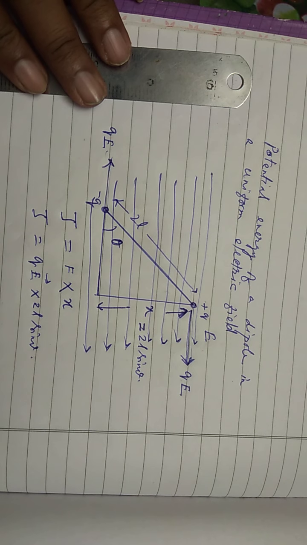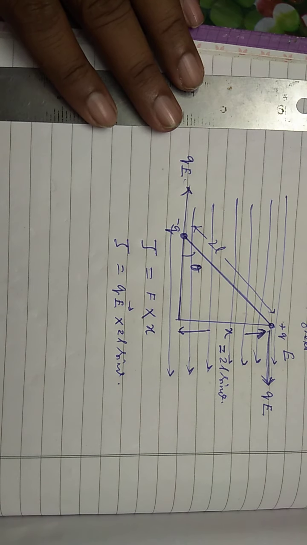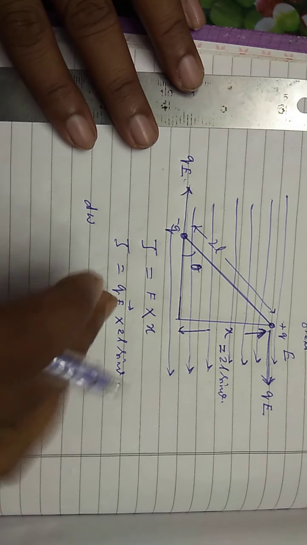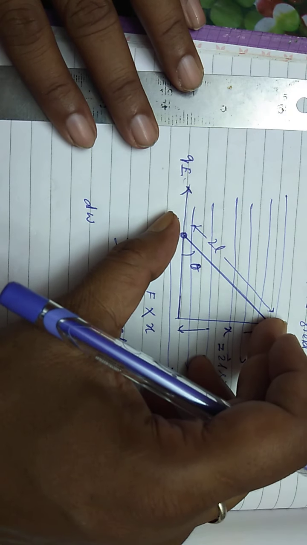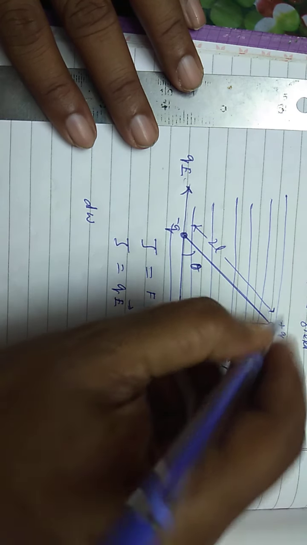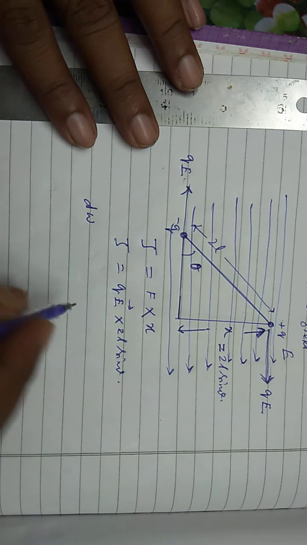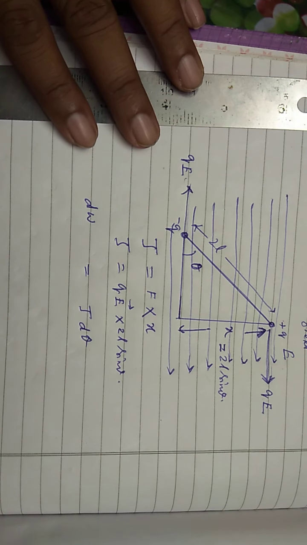Now the small work done in rotating this dipole through an angle d theta is going to be tau d theta.